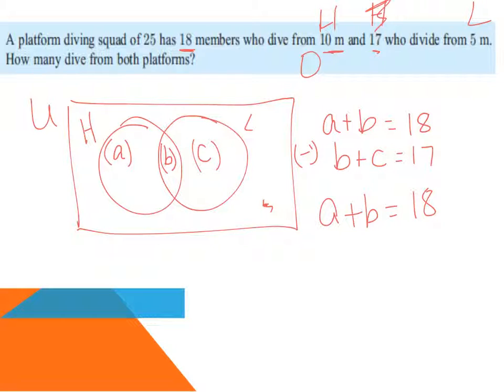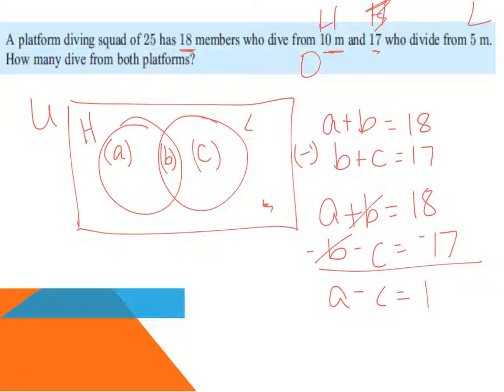And the bottom one is going to turn into -B minus C equals -17. And if I add those together, then I get that A minus C is equal to 1.